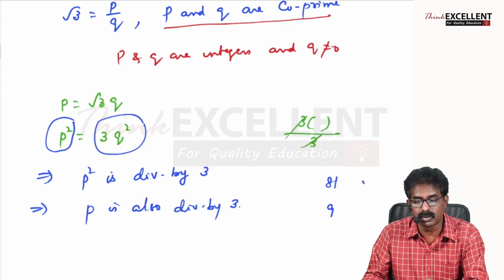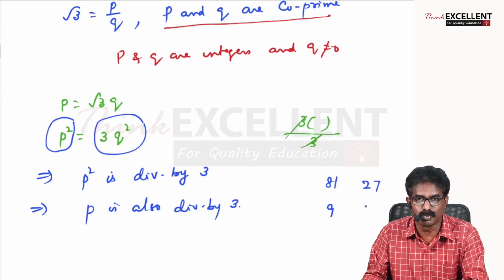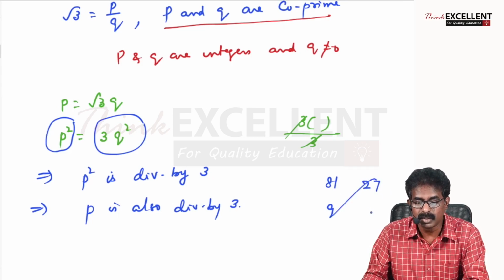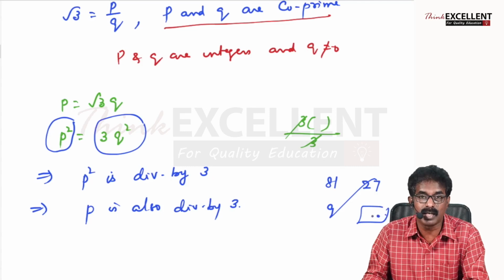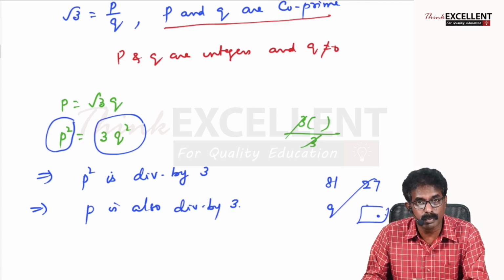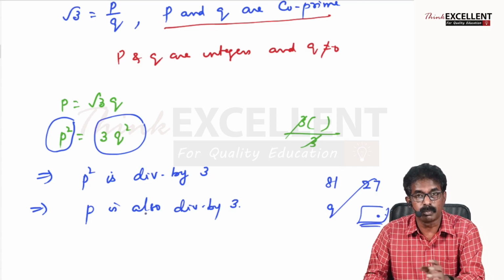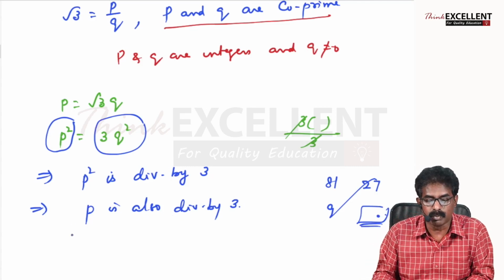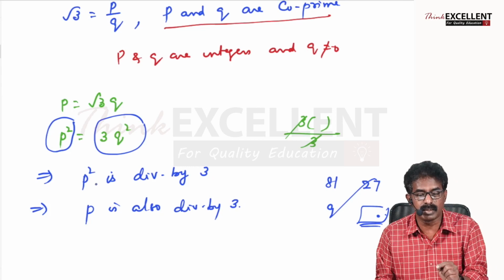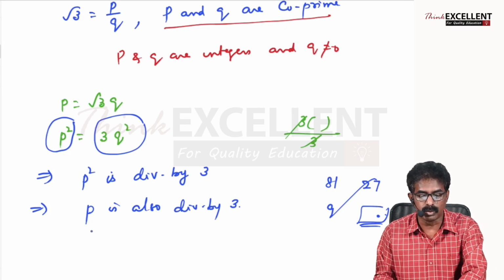Don't simply say, sir, 27 is divisible by 3. But the square root is not divisible by 3, right? The square root is a decimal, it may be an irrational number. So we cannot take that one because P and Q are integers. So P cannot be like that. So remember, P square is divisible by 3, so P is also divisible by 3.